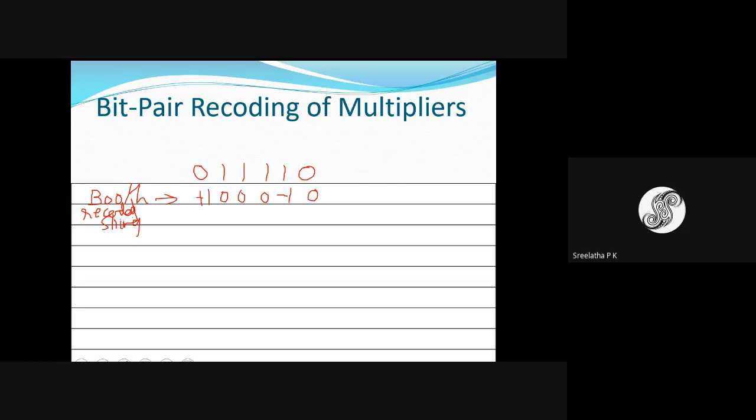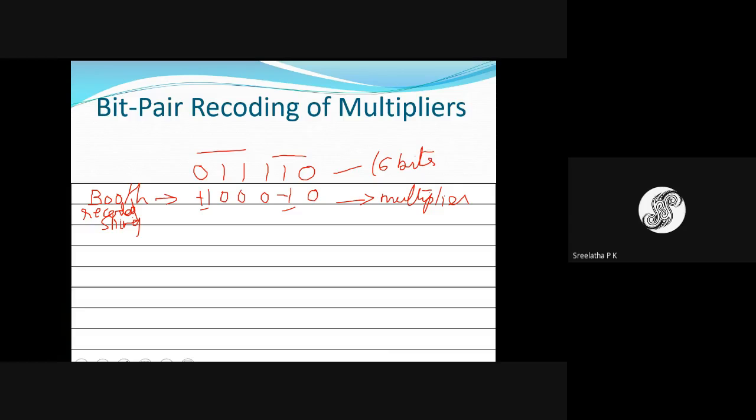This is our new multiplier according to the Booth algorithm. The multiplier is 6 bits, and the Booth multiplier is also 6 bits, but there are only two nonzero digits to be multiplied. Multiplication happens only with ones; with zeros, it is always 0, as you saw in the Booth multiplication video.